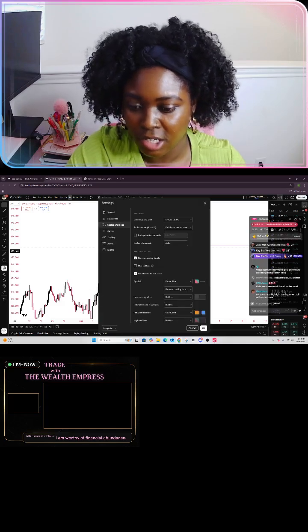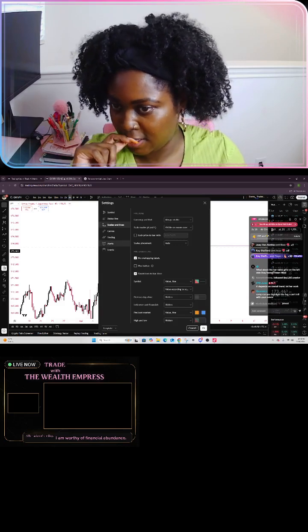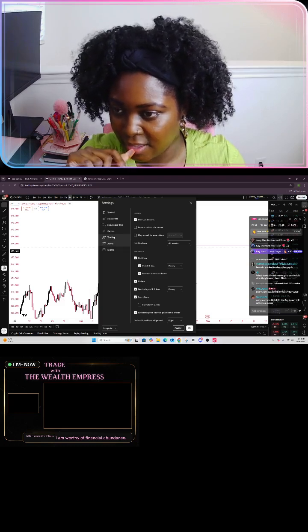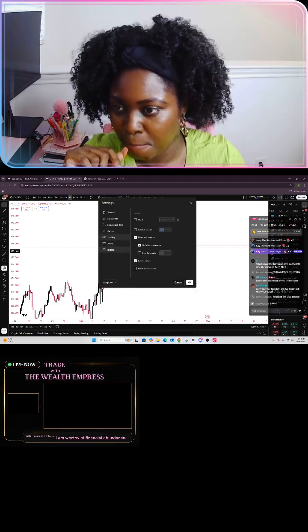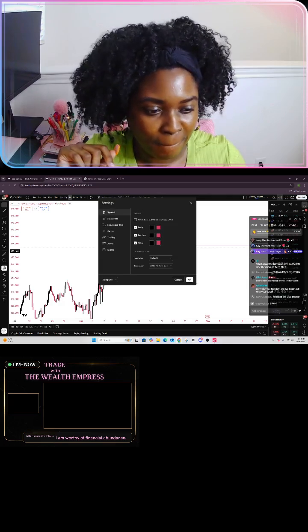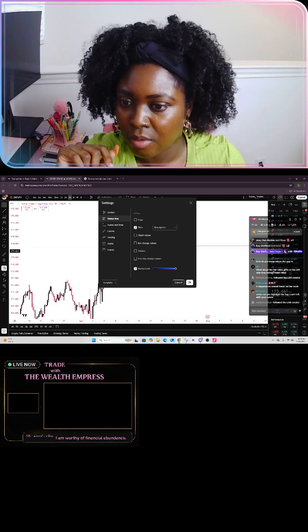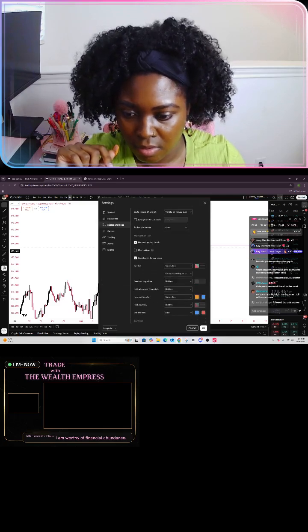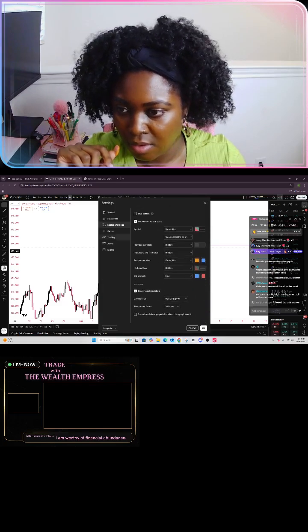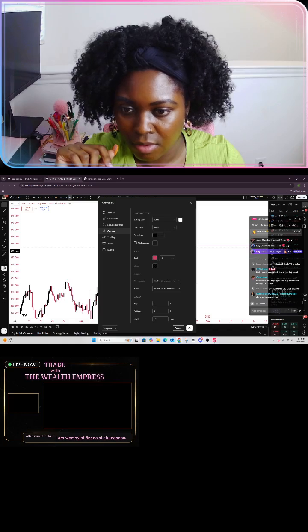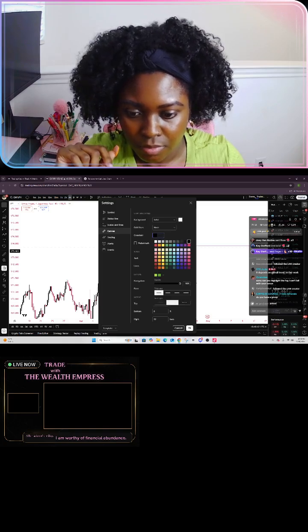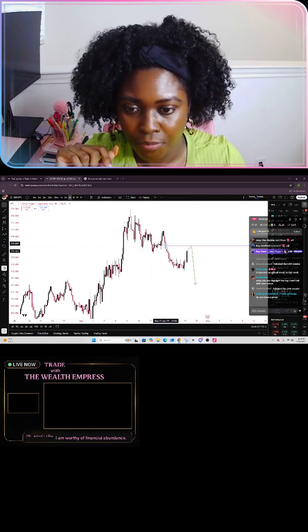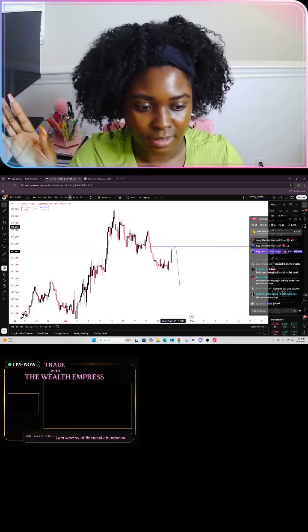If I can think of how to change my cursor off the top of my head, because of those lines. All right, I took away the lines.